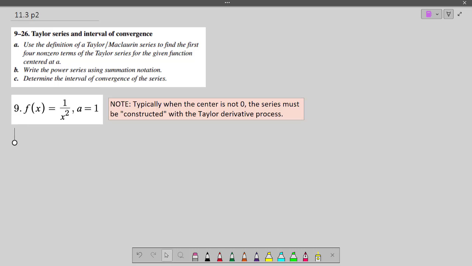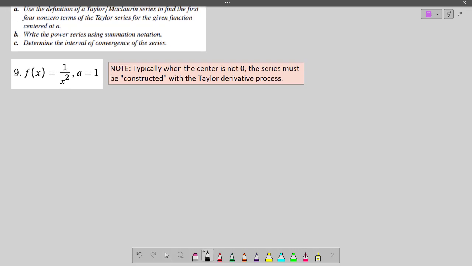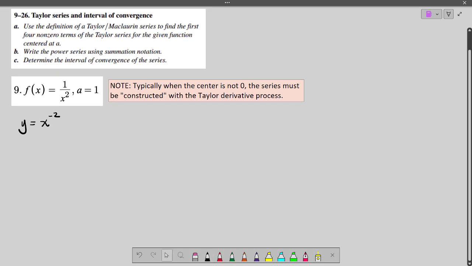So we just do the standard spreadsheety-like thing. We're going to start with our function in an easily differentiable way. And usually what they're going to do is ask us for a collection of non-zero terms. It depends on the problem. Usually 4 is what we aim for when we're finding a power series that we can't write in summation form.